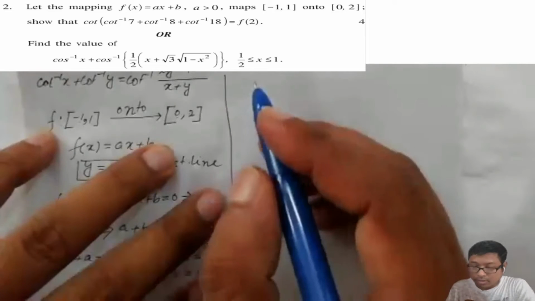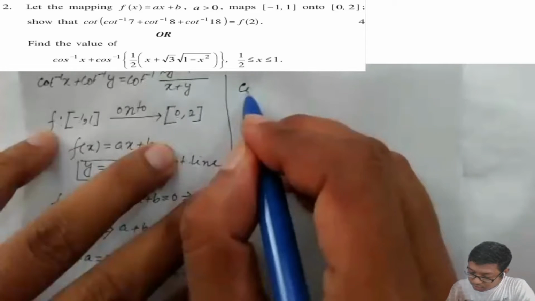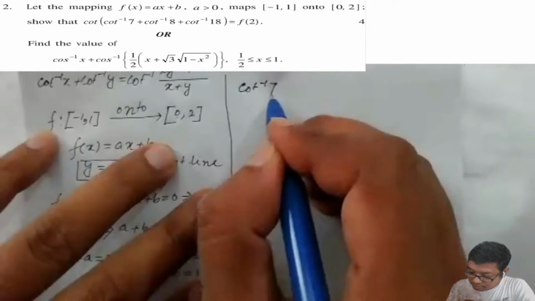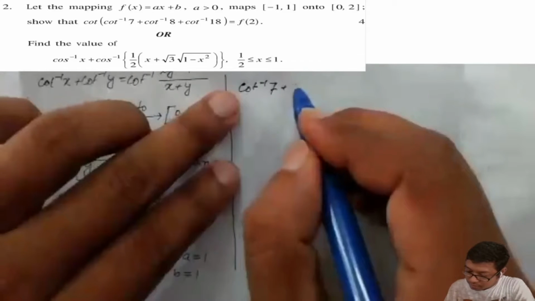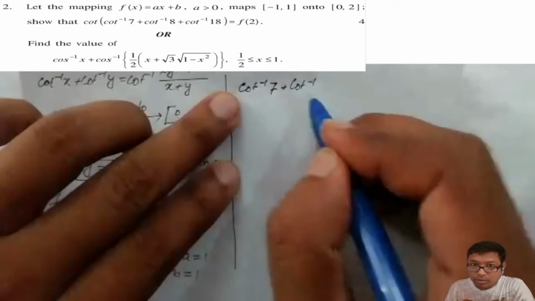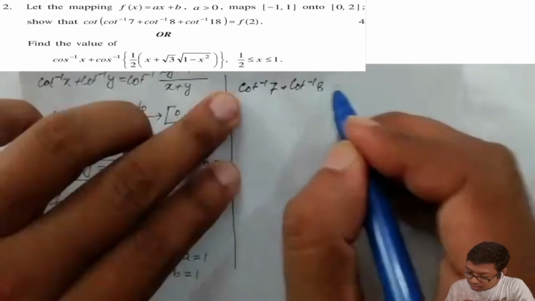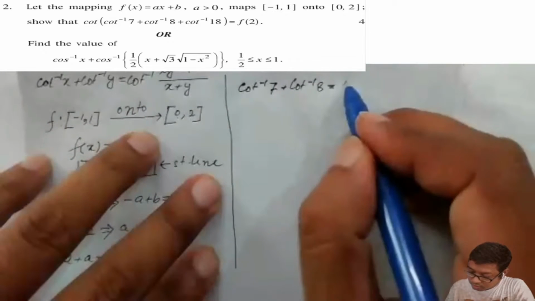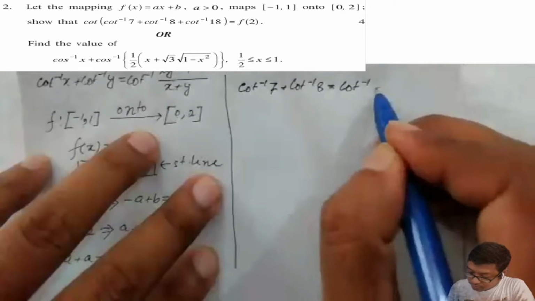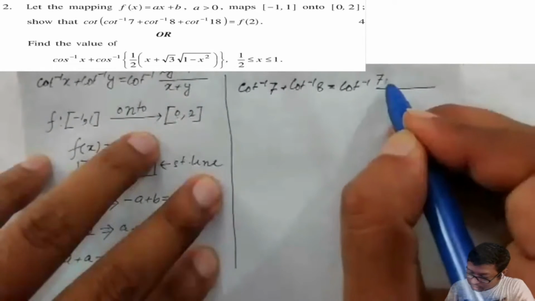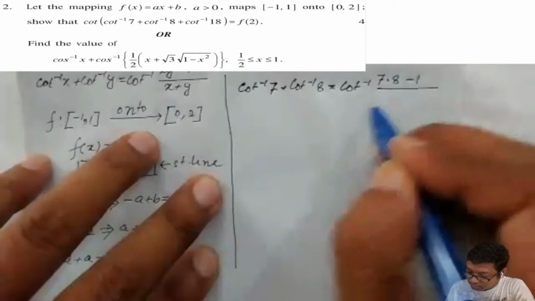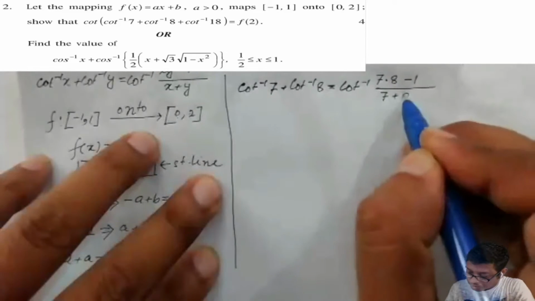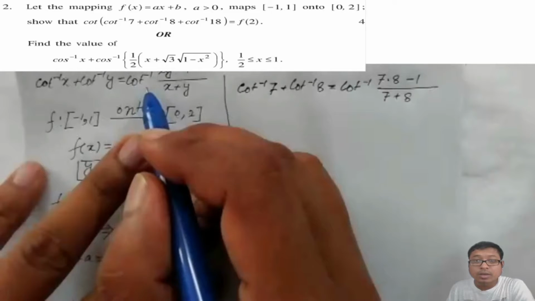Now let me consider cot⁻¹7 + cot⁻¹8, and this is equal to cot⁻¹((7×8 - 1)/(7 + 8)), if I use this formula.